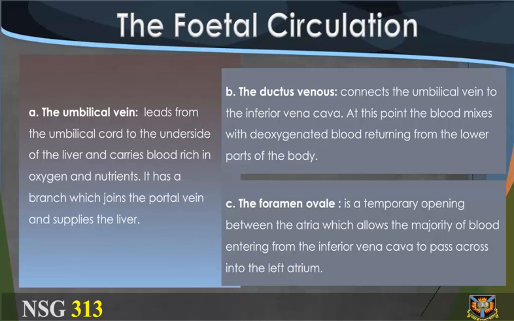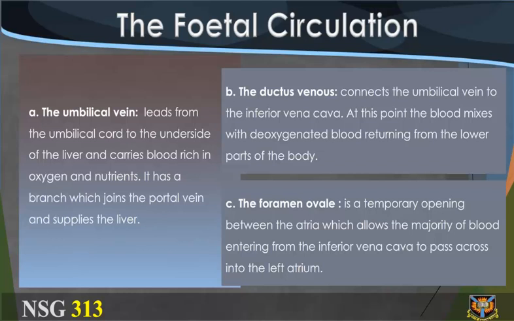B. The ductus venosus connects the umbilical vein to the inferior vena cava. At this point, the blood mixes with deoxygenated blood returning from the lower part of the body.